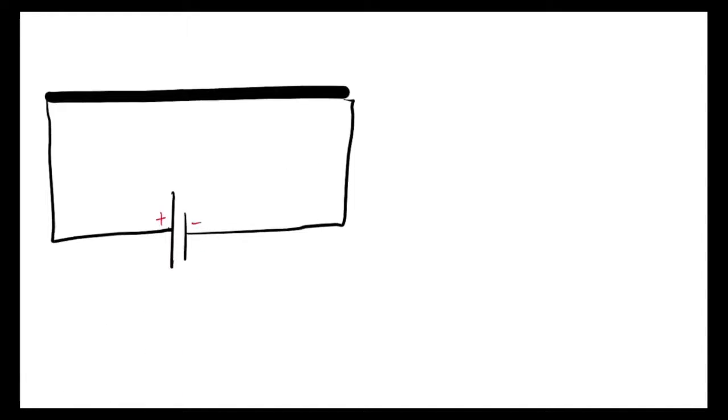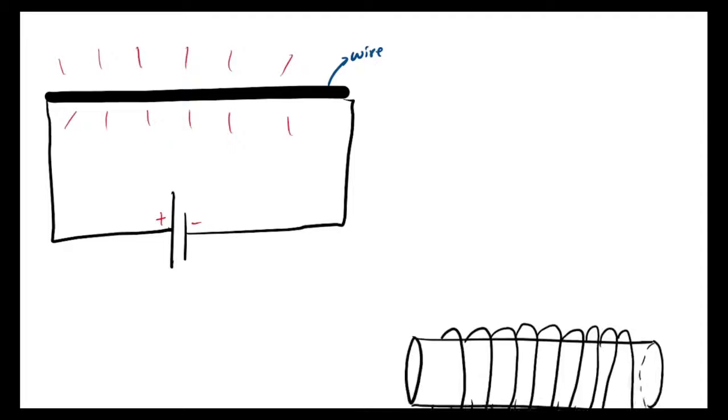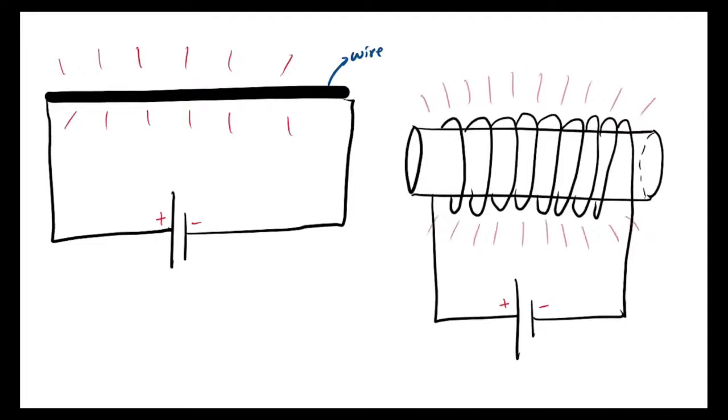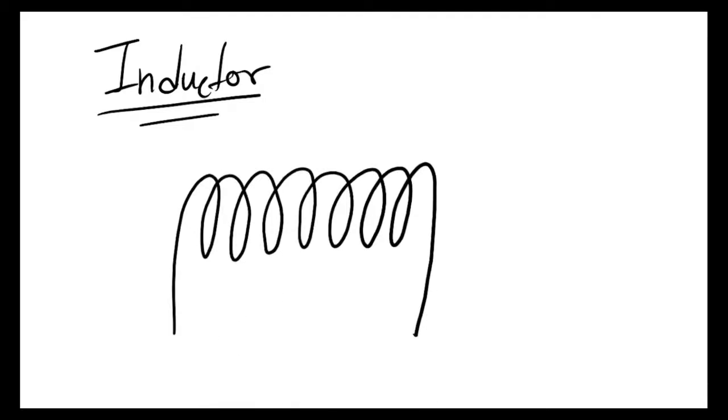Whenever a current flows through a wire, it will produce electromagnetic field or EMF. This effect can be increased if the wire is coiled and made more electromagnetic by wrapping around ferromagnetic material. Inductor consists of coils that store energy in the form of magnetic field.